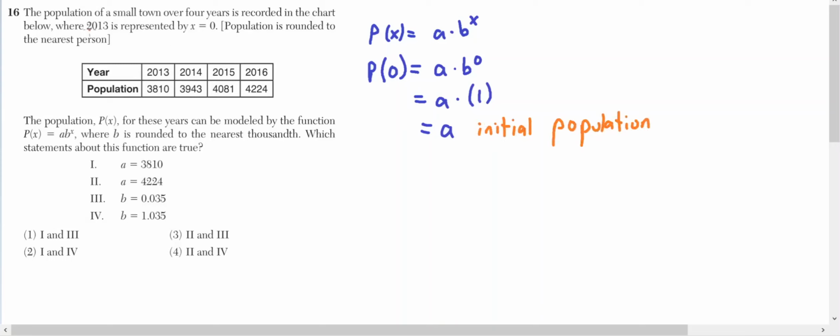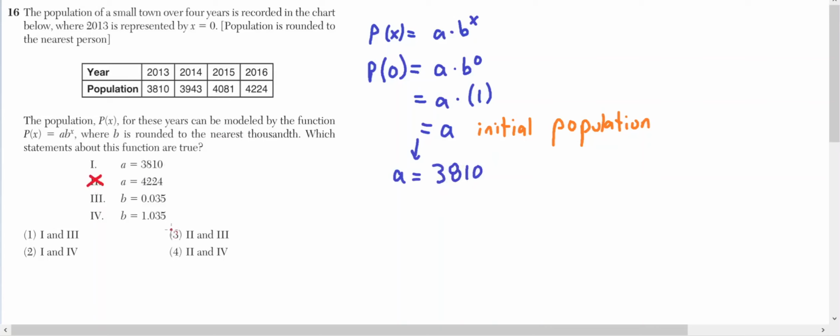Now, in the problem, it has 2013 is represented by x equals 0. So 2013, initial population of 3,810. So that implies altogether that a must be 3,810. So we've eliminated half the choices here by crossing off statement 2.